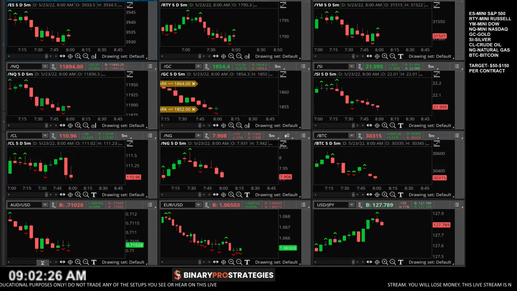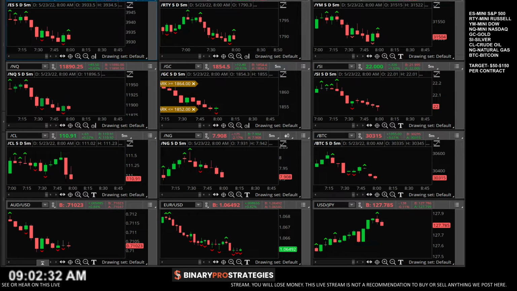Crude oil is starting short here as well. Crude oil triggered short at 111.05. It's moving kind of fast here. Target's going to be 110.65.